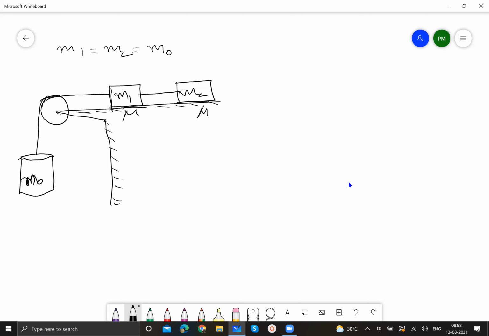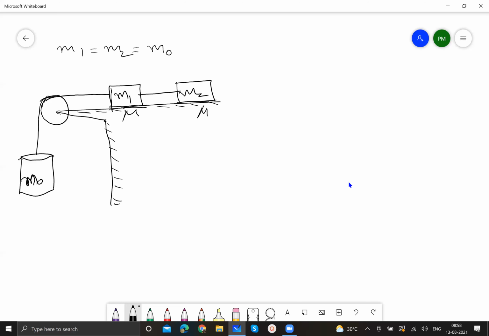If the coefficient of friction between these bodies and the surface is mu.